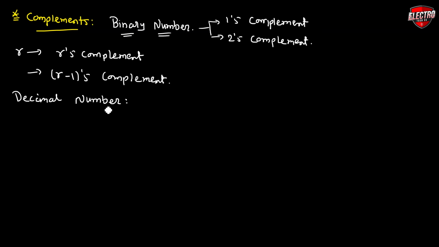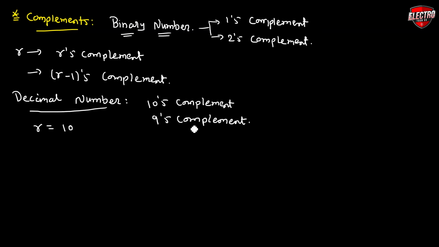Now, if we consider the decimal number system, as we discussed earlier, the base of the decimal number system is 10. That means there are two types of complements: first one is 10's complement, and second one is R minus 1, that means 9's complement. In this video, we are going to discuss 10's complement and 9's complement.